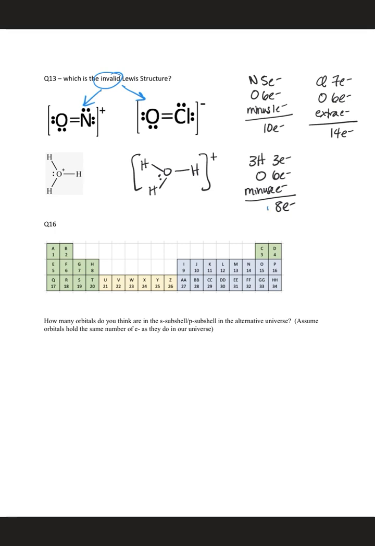We've got the right number of electrons. And then we have to double check that everything has an octet. So I see the hydrogens all only need 2, so they're fine. Here's this oxygen, it has 2, 4, 6, 8. So it has an octet. Check. So this is a valid Lewis structure.